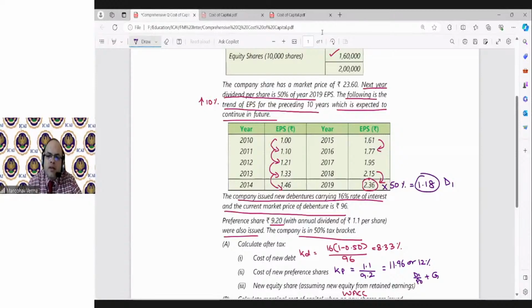That means we can simply do 1.18 upon, they have given us the price, right? What is that? The company's market price of the share is 23.6 plus G 10%. So we are looking at 1.18 divided by 23.6.